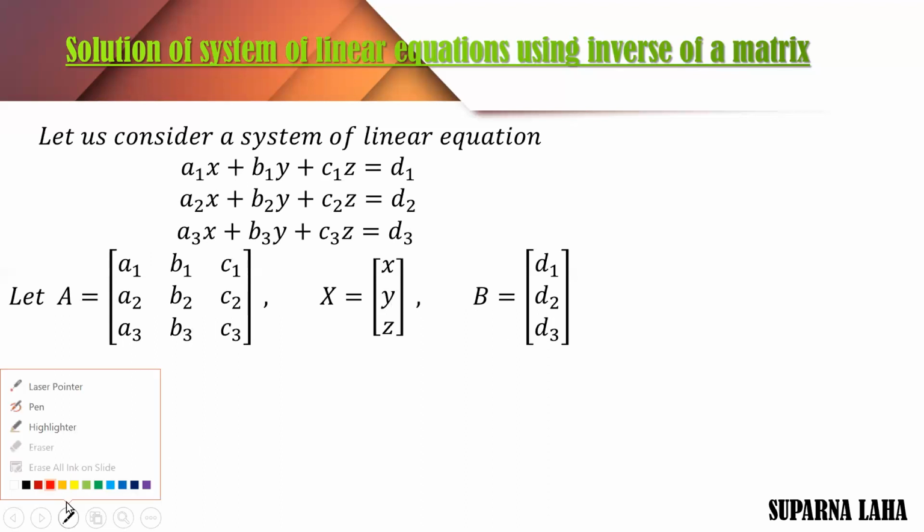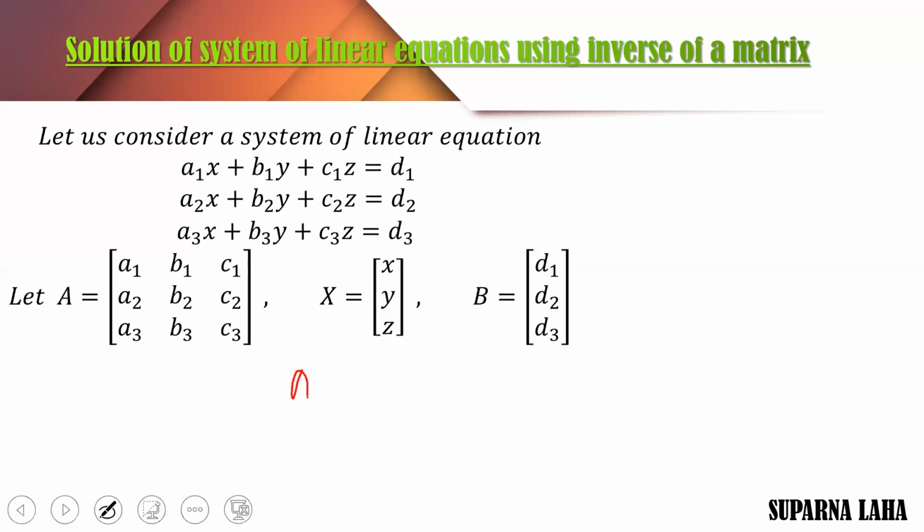Now look at that. We can write this system in the matrix form AX equals B. Just multiply this A with X, you will find the system, which is equal to D. And you know, if these two matrices are equal, then how do we define this equality?